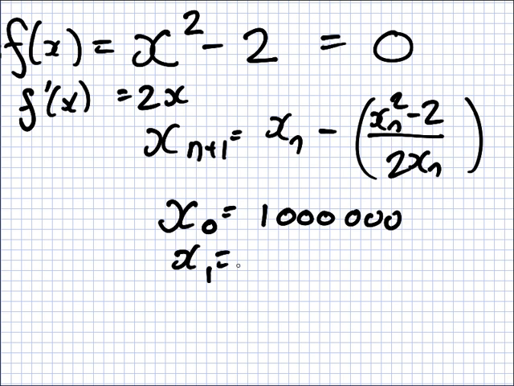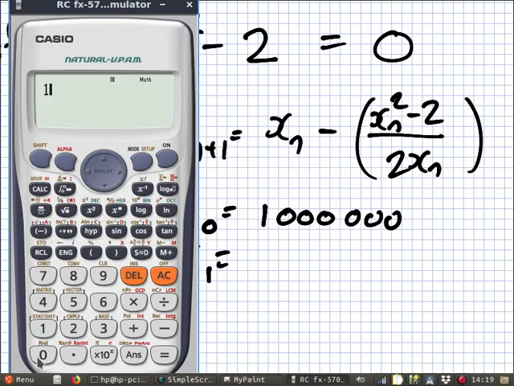So, if I get out the calculator, let me calculate this. x squared, sorry, x_n squared minus 2 over 2 times the answer. Now the answer here is saved as 1,000,000. So if I press equals, I should get a new answer.